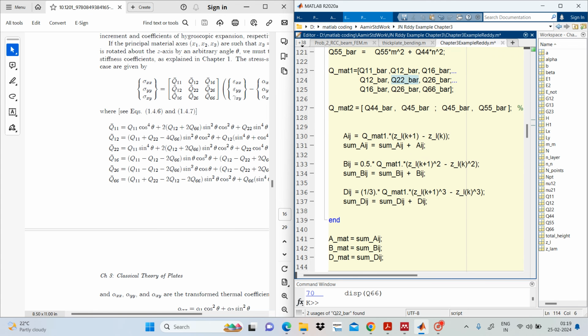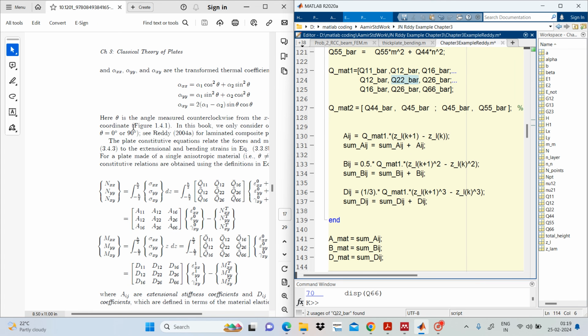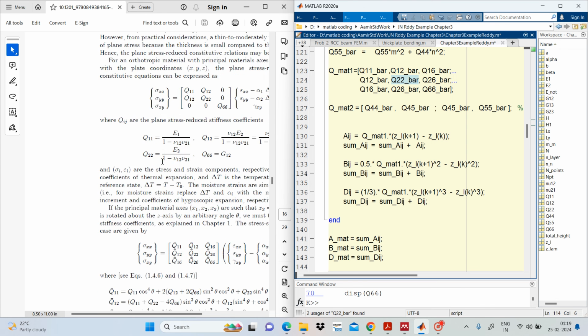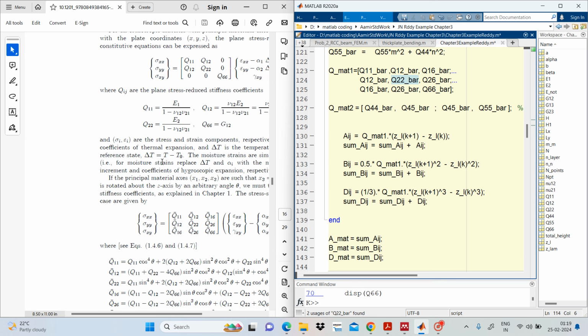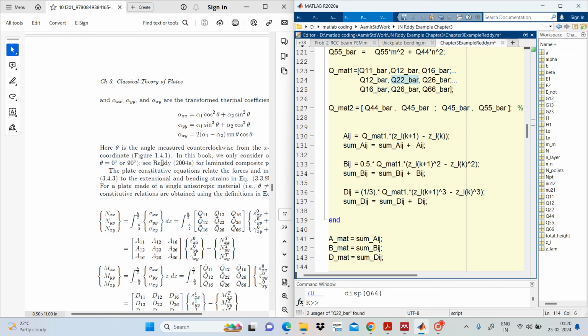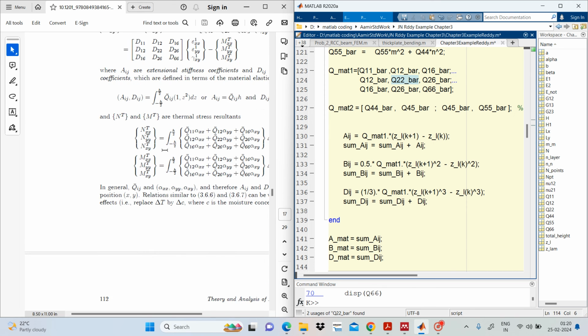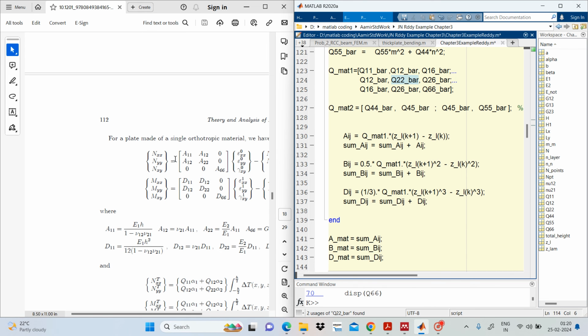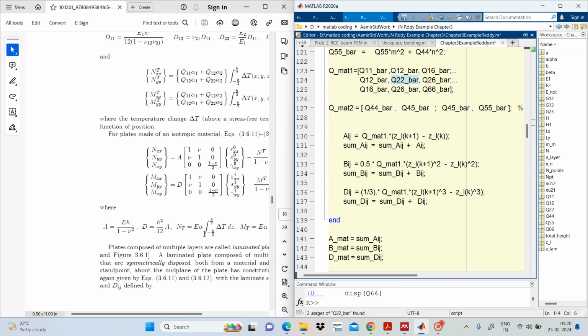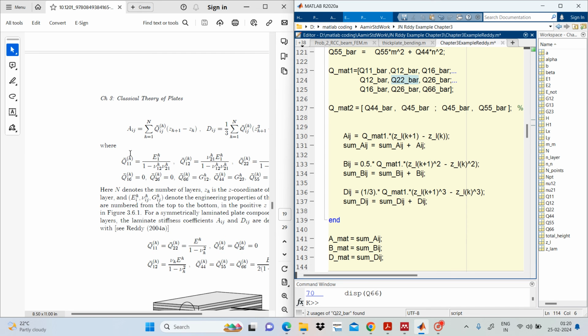Now we know the Aij matrix, so we can solve it. So what would be the Aij? It is directly showing the formula: Aij equals the summation from k equals 1 to the number of layers of Qij times Z(k+1) minus Zk.